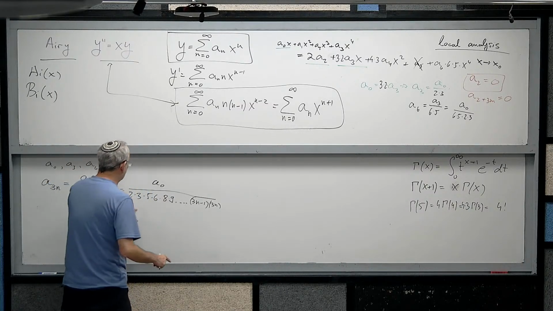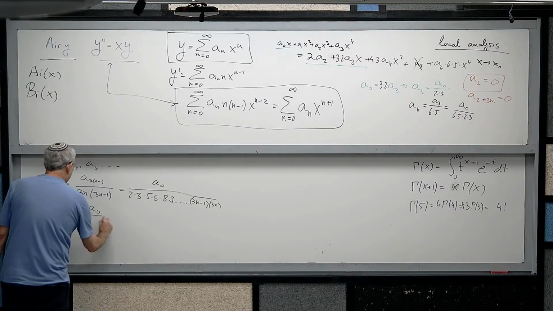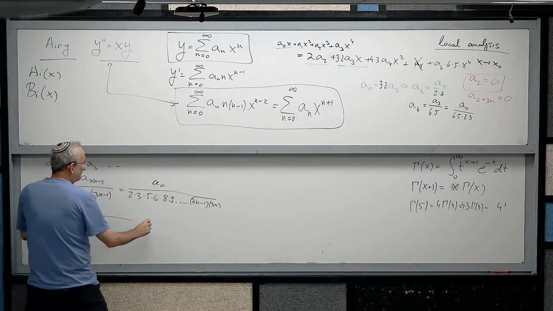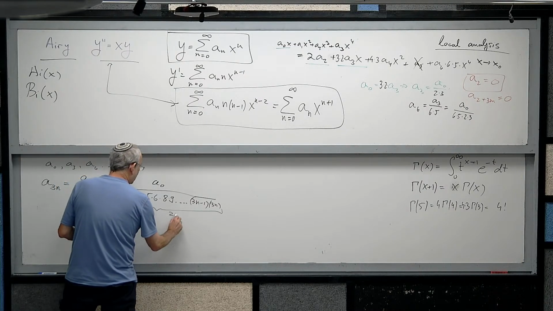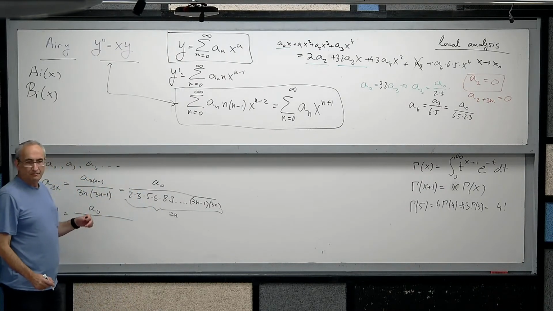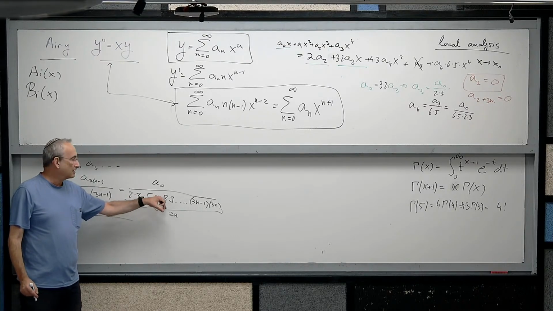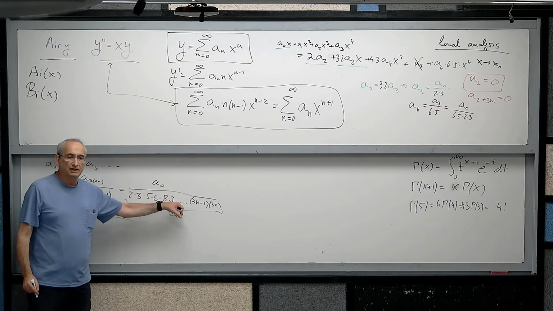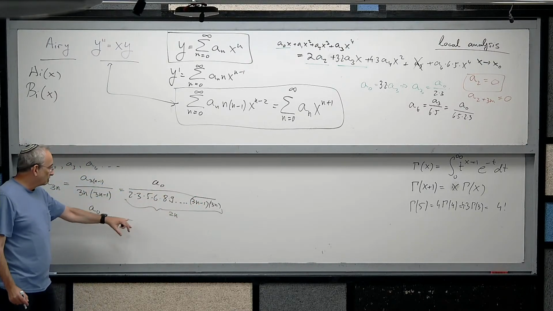So in order to express these terms in terms of gamma, we are writing A naught divided by, overall, we have here 2n terms. You see, because we skip every third term: 2, 3, we skip 4, 5, 6, we skip 7, 8, 9, and so on and so forth. Okay, so we have 2n terms.